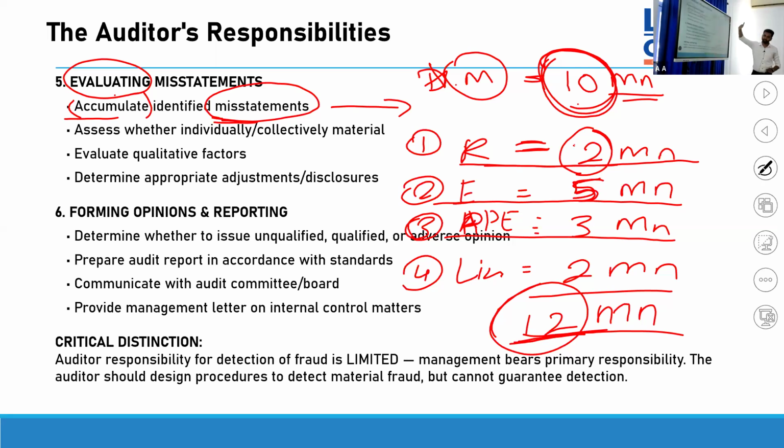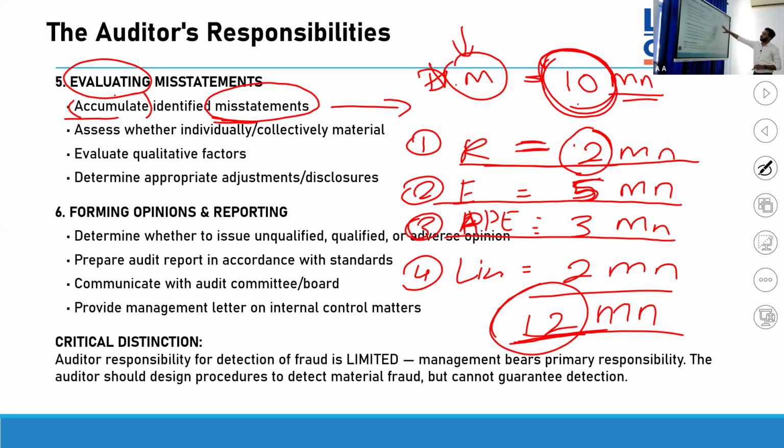In previous classes, I have already given the definition for the materiality, right? Hope you all remember that. Materiality in the sense, if any omission or misstatement could affect the economic decision of the stakeholder, we consider those misstatements or omissions as material, right?